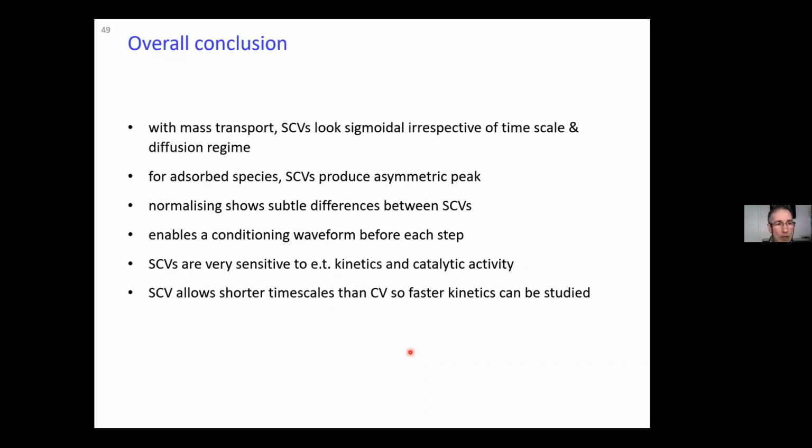Okay, so I think this is pretty much my last slide. So in terms of overall conclusion, I hope that I have shown you that sample current voltammetry, although it's a very old technique, does offer some interesting aspects. The sample current voltammograms look sigmoidal in diffusion regimes when mass transport is involved.